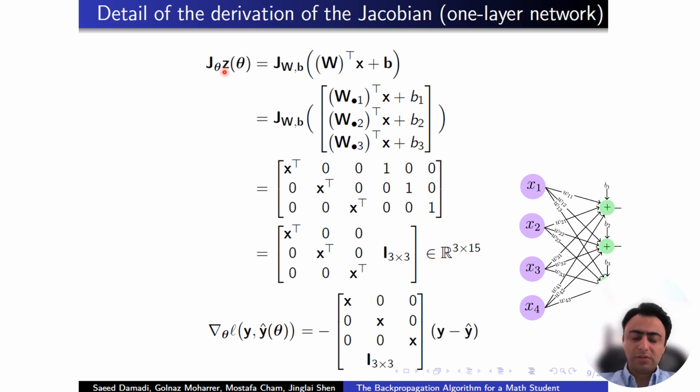Once we take the transpose of this and put it here and multiply by the gradient with respect to the output of the last layer, we finally get the gradient of the entire network, which is this one. Notice that this is only a function of x and this is only a function of y, and I'll show you for the famous problems with a single layer how we can observe this fact again.